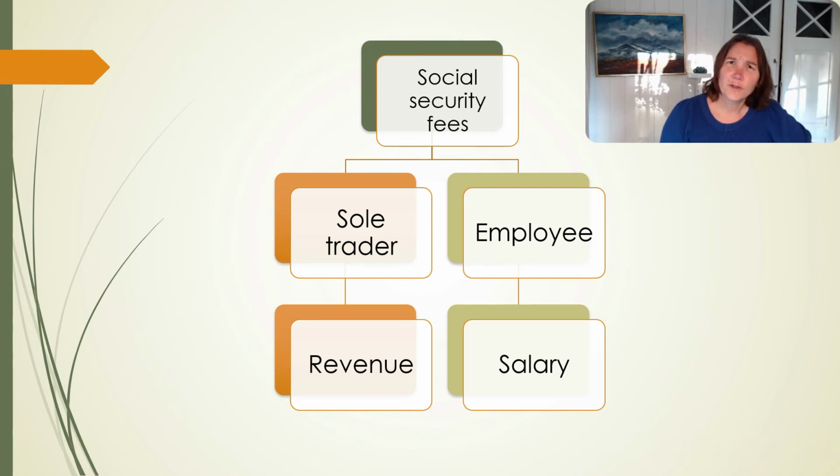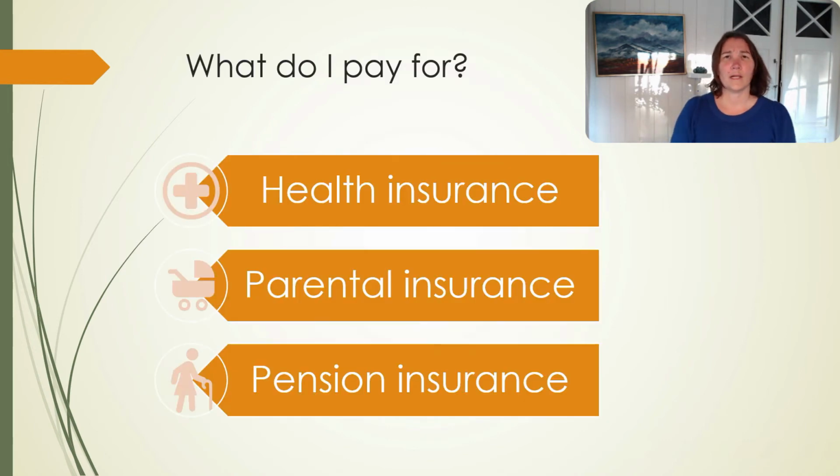And what are social security fees? What do I pay for? Well, this is some example of what you're paying for. The social security fee pays for all the insurance we have in Sweden. So if you get sick, you get health insurance, you get money from the state to help you get through your sickness. If you are going to be a parent, or if you are a parent, you also get some money from the state so you can take care of your child.